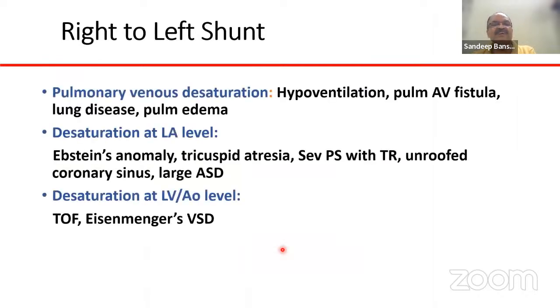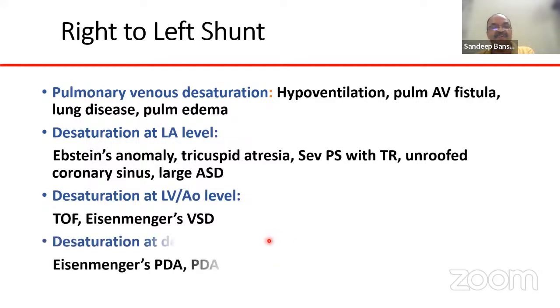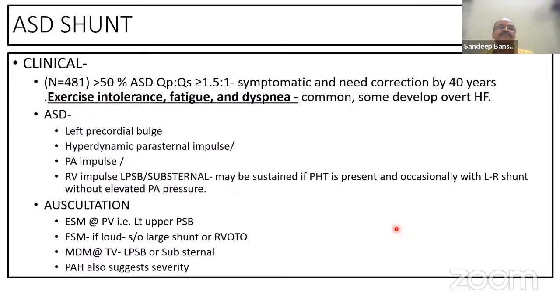So these are some of the right to left lesions or right to left shunts that we need to know about. But as I said, the quantification or the physiology is more important in terms of the acyanotic heart diseases.